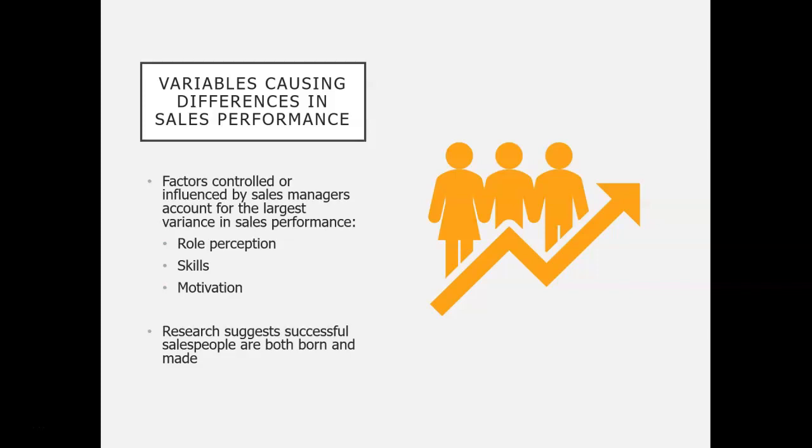Role perception is largely determined by the manager. And so what that means is what you view as a salesperson that the role is, how closely is what you think the role is to what the role is.